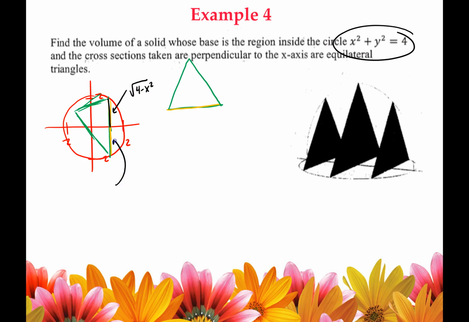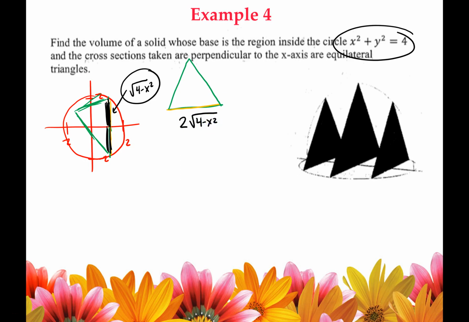And this section right here is a negative square root of 4 minus x squared. So this whole distance, you can either think about doing this minus a negative square root of 4 minus x squared, or you can just think about the fact that you basically have 2 of these black things. You've got one here and you've got one here. So this would be 2 square root of 4 minus x squared.